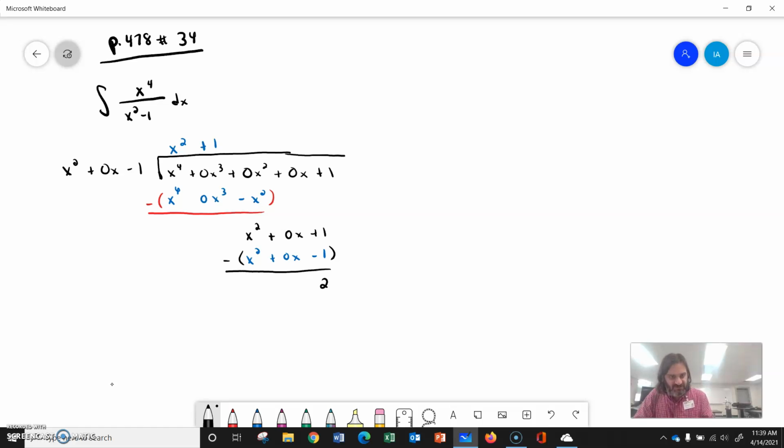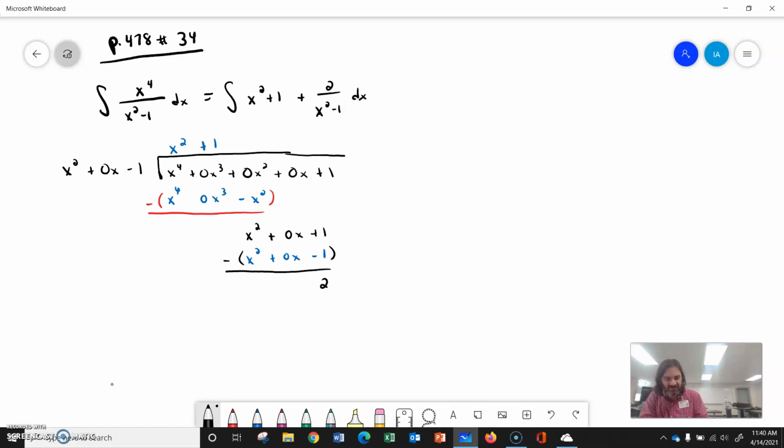So, what do we have here? We have that x to the fourth over x squared minus 1 is the same thing as the quotient, which is x squared plus 1. That's kind of like the whole part of a mixed fraction, plus 2 over x squared minus 1, dx.